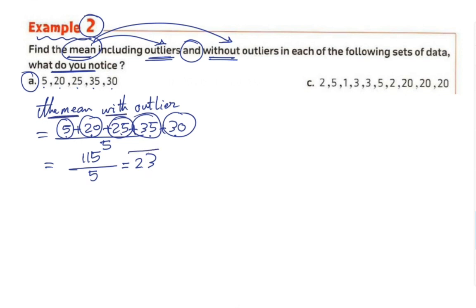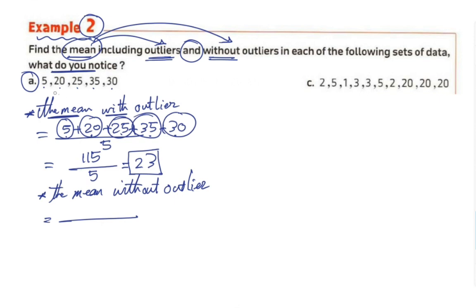So the value of the mean with outlier equals 23. The second case, to find the value of the mean without outlier, means I will add all of these values without the outlier.